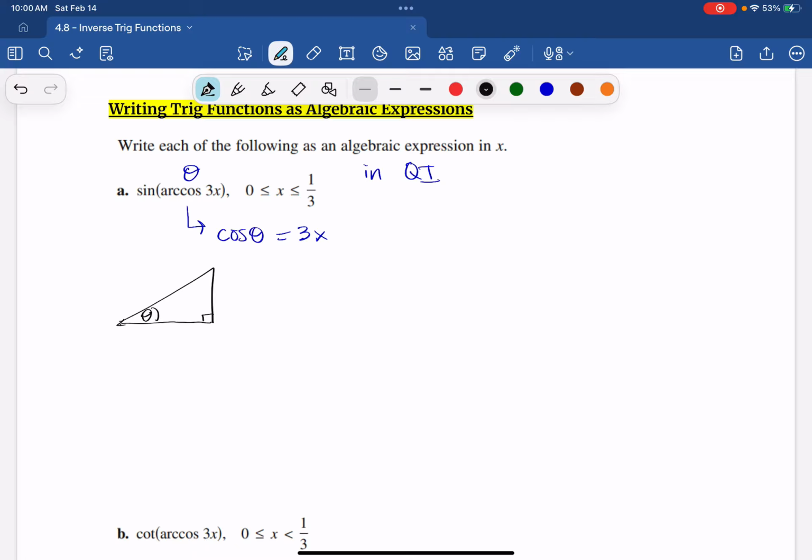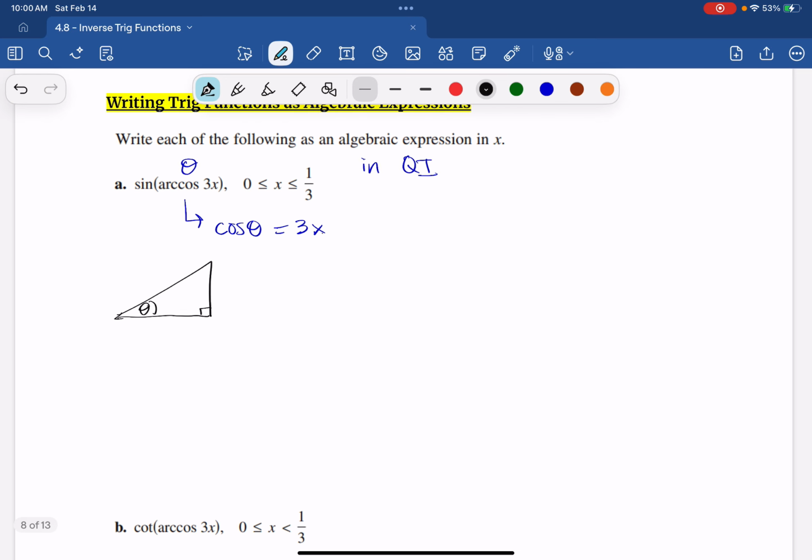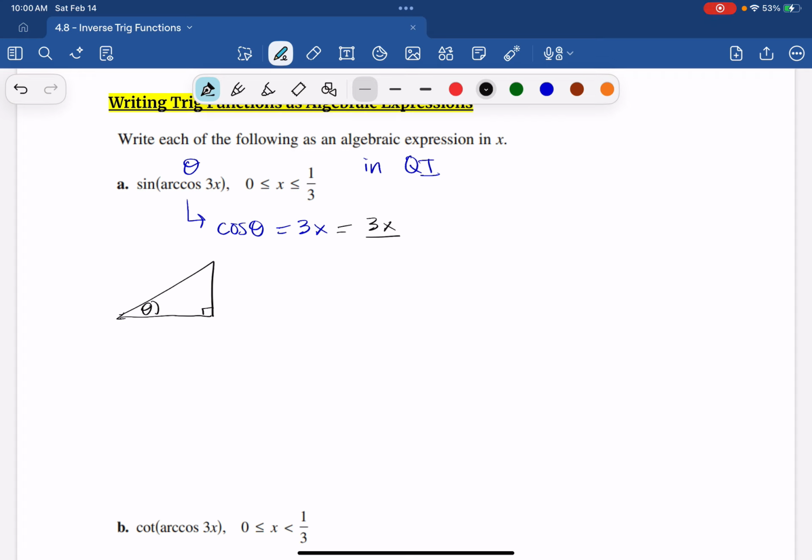And we know that cosine of theta is 3x. We need cosine to be a ratio, so 3x is the same thing as 3x over 1. So I can think about my 3x as my adjacent and 1 as my hypotenuse. So I'm going to go ahead and do that. 1 is my hypotenuse, 3x is adjacent.